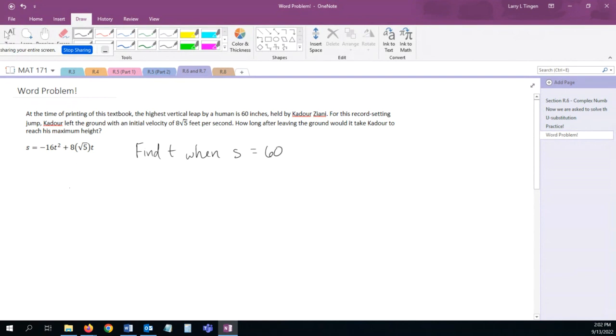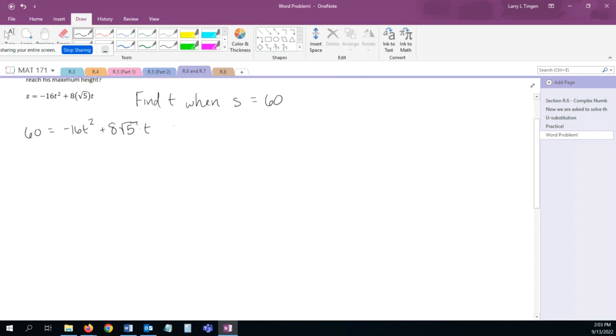So that means do what? That means plug in 60 for S and solve for T plus 8 times the root 5. And the parenthesis was there specifically to make sure that T came out. If that T were under the root, it would cause mayhem. But I'm not super confident this isn't going to be mayhem anyway. Let's see when it happens.